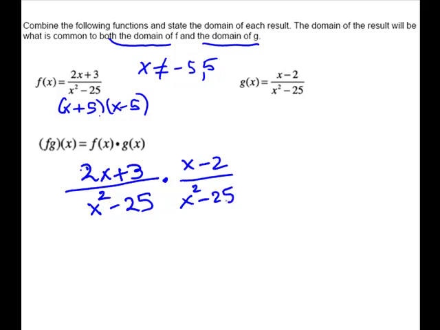And for rational expressions, you factor everything and divide out. We know what these are made of. They're x plus 5, x minus 5. They're not going to cancel with anything on the diagonals. So I'm not really going to multiply this out. It is standard practice to leave it in a factored form.